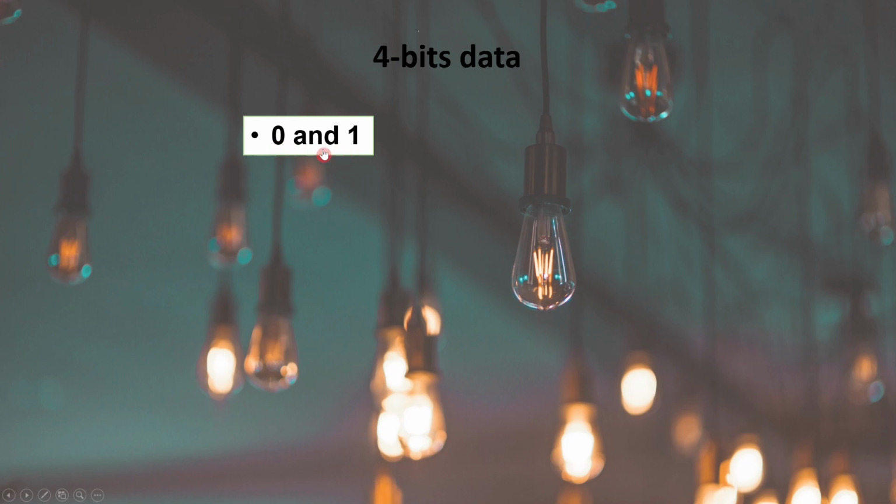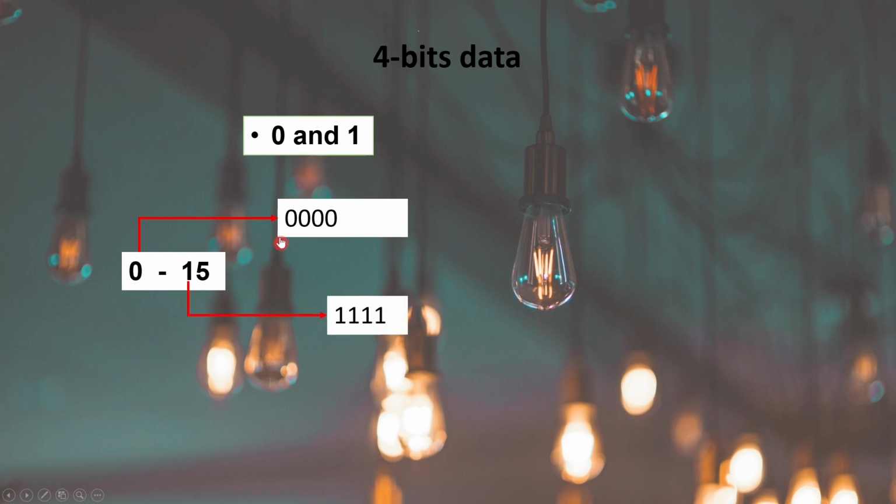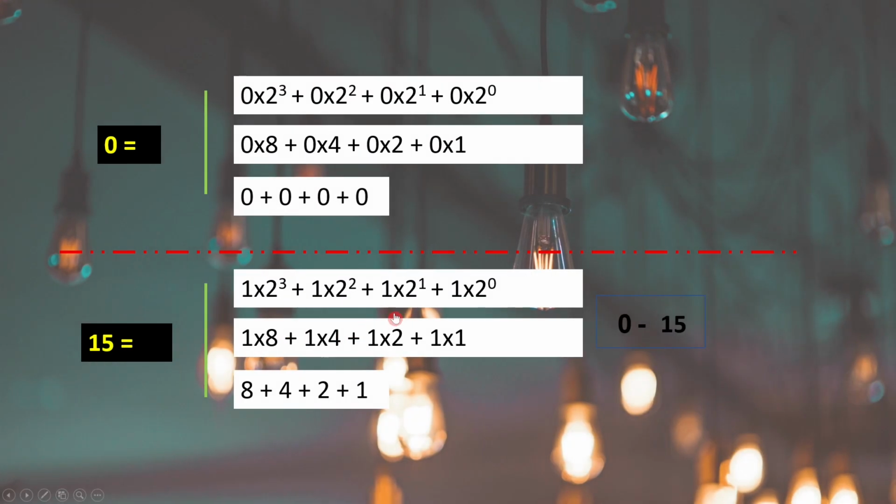Now let's see here. The range of 4 bits of data is from 0 to 15. It means the minimum value is when all bits are 0 and the maximum value is when all bits are 1. For the maximum value, first of all, the base or radix of the binary number system is 2. Just like the base of the decimal number system is 10, where we multiply 10 raised to power the weight, in the same way, in the binary number system we multiply 2 raised to power the weight.